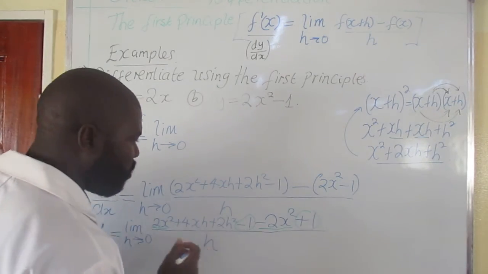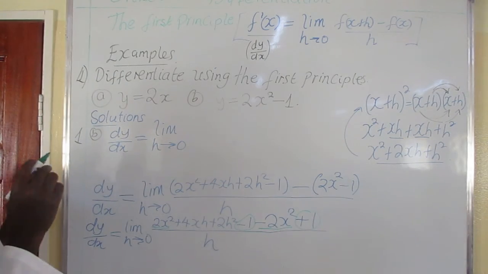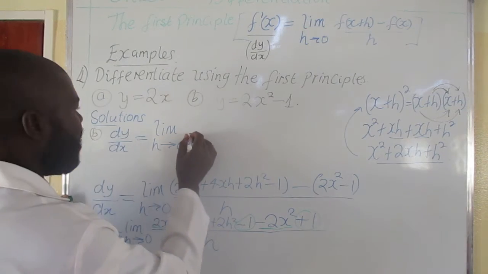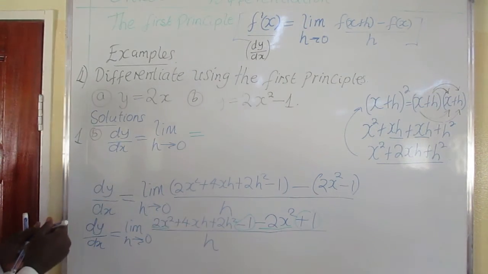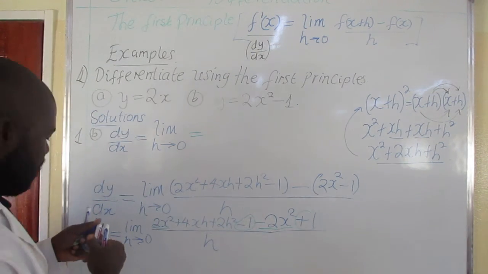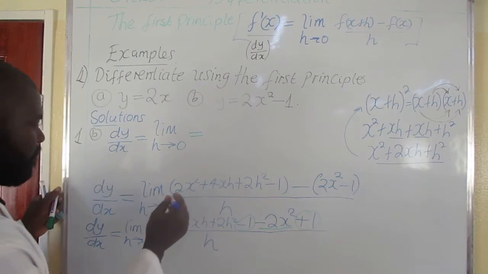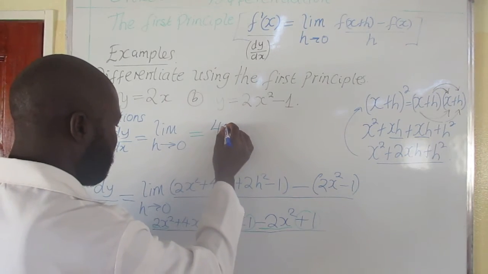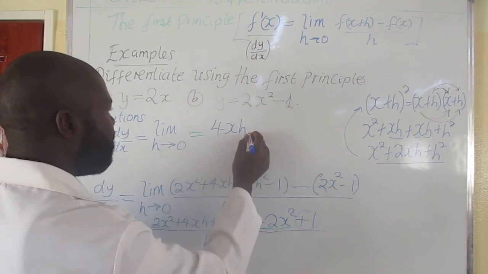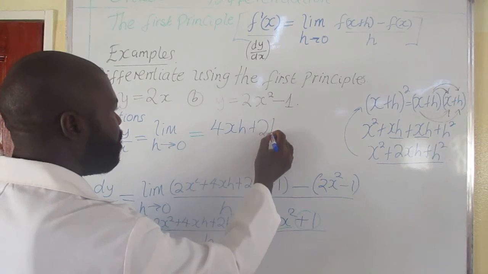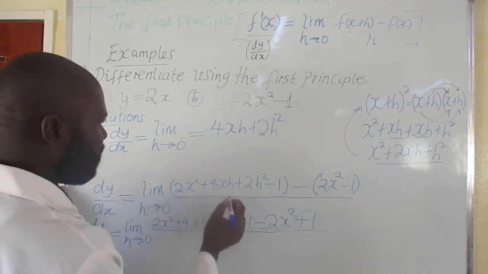These ones also are going to disappear, so that we are going to remain with our simple numerator as in 4xh plus 2h squared. That's it.